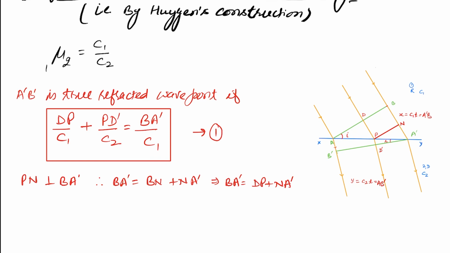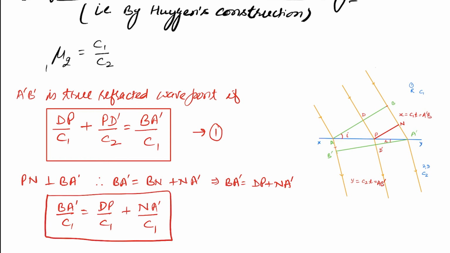Now dividing this equation by C1 on both sides, we get BA dash divided by C1 is equal to dP divided by C1 plus NA dash again divided by C1. This is say equation number 2.